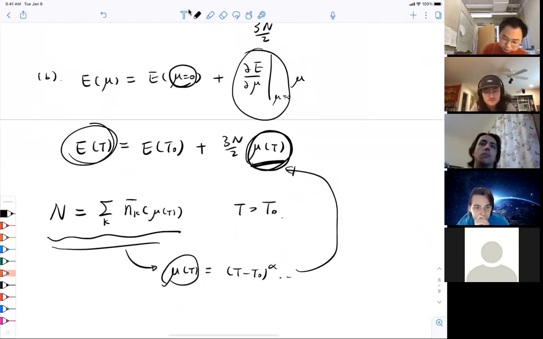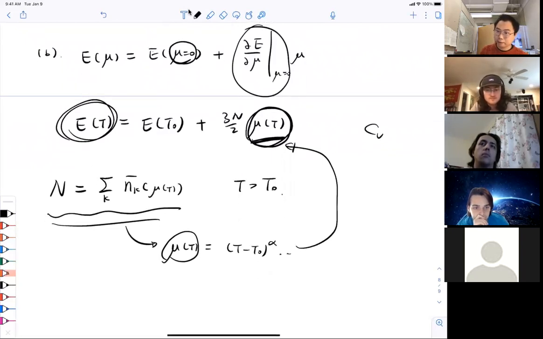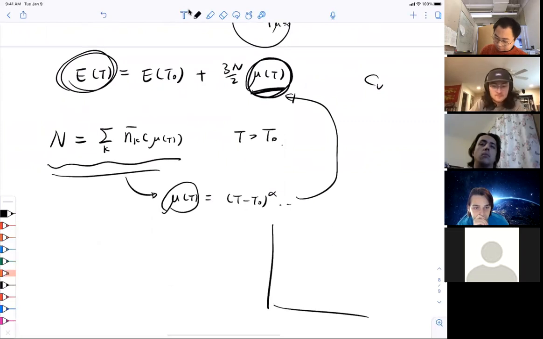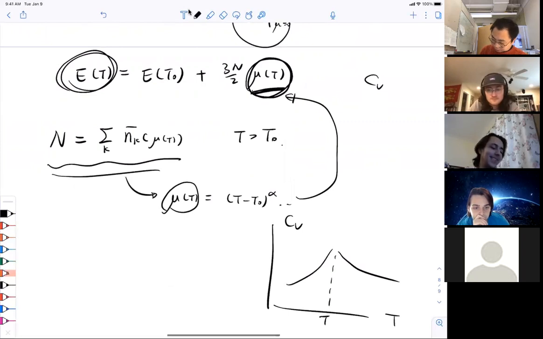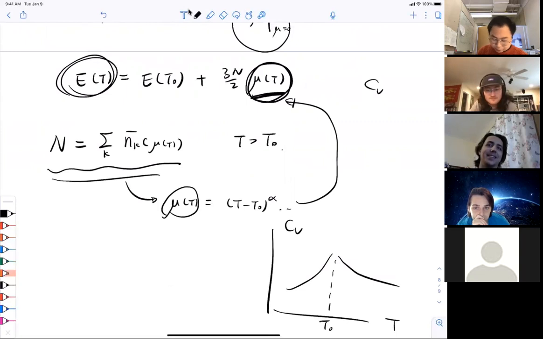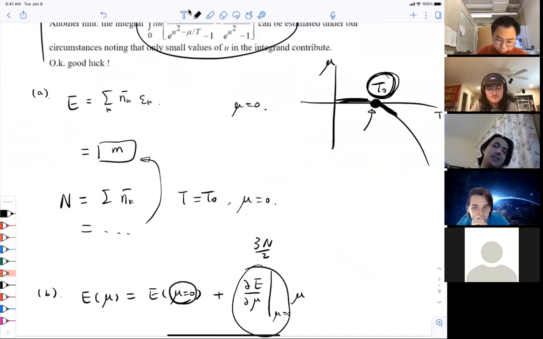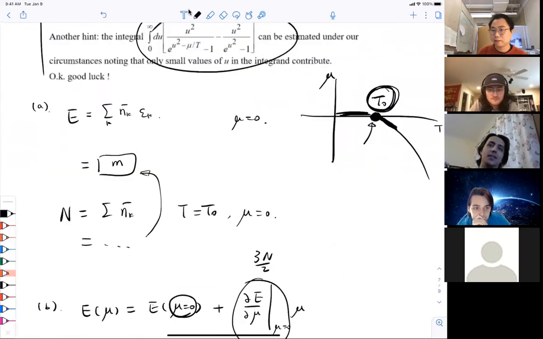Once we have this energy, we can take a derivative, get the CV, and you would get something like this as T naught. And that's basically how we solve the last problem.